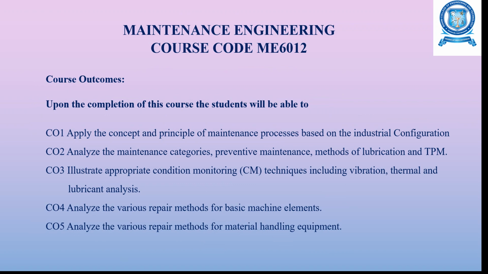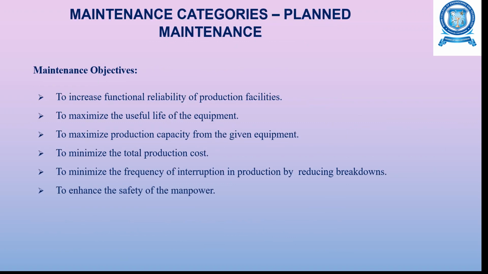And from Unit 3 the students will be able to illustrate appropriate condition monitoring techniques, including vibration, thermal, and lubricant analysis. And from Unit 4, the students would be able to analyze the various repair methods for basic machine elements. And from Unit 5, the students will be able to analyze the various repair methods for material handling equipments.